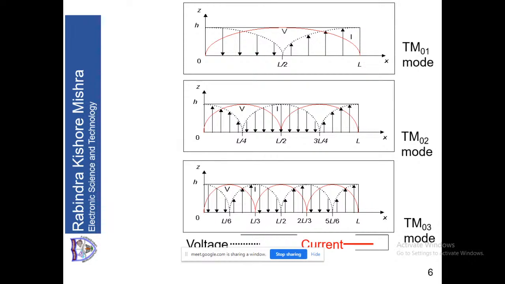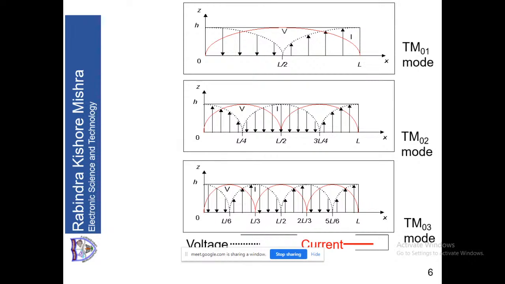Now see, when you have an open circuit, there is no current, and there is the maximum voltage. So voltage will be maximum at both the edges, because the edges are open circuit or magnetic boundary walls. So at the edge you will have maximum voltage and minimum current.